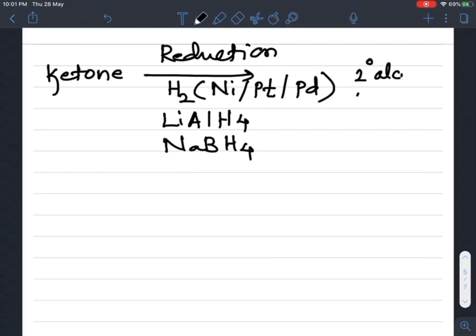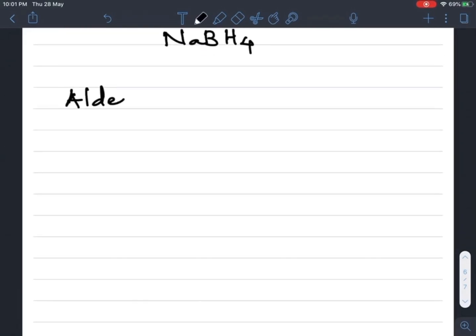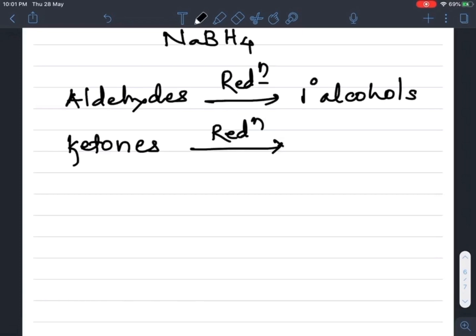So secondary alcohols are formed from ketones. Generally, aldehydes on reduction give which alcohols? Primary alcohols. Okay, and ketones on reduction give secondary alcohols.